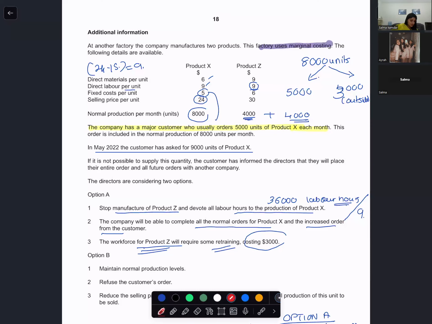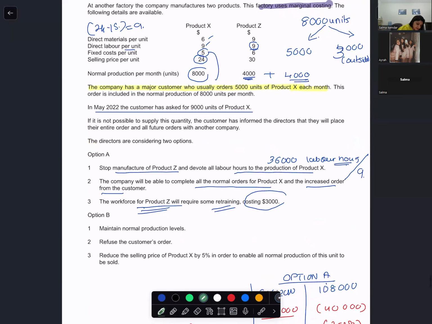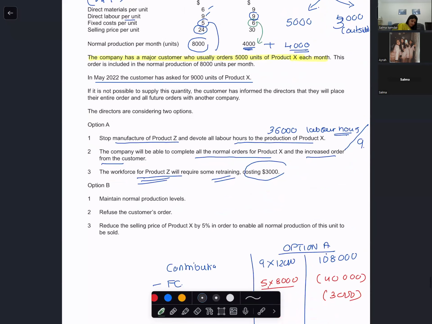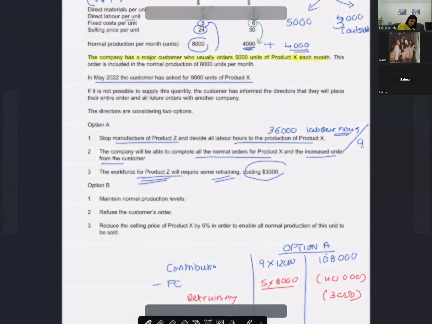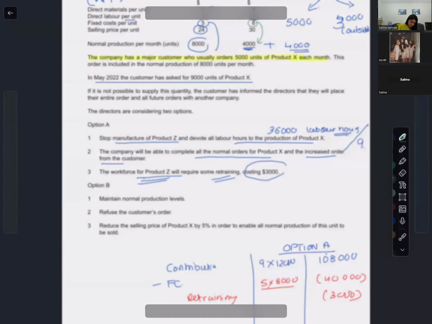So what is the fixed cost for product Z? 6 into 4,000, so fixed cost for product Z is 24,000. So what is the profit?